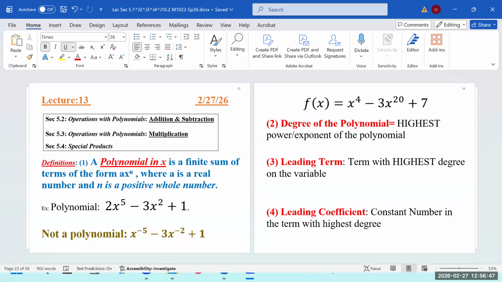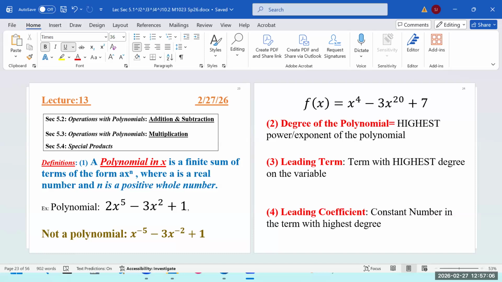We have 2 powers here. One is negative 5, another is negative 2. Since they're negative, it cannot be a polynomial. Polynomial has only positive whole numbers. If you have negative or fraction or decimal, then they are not polynomials.